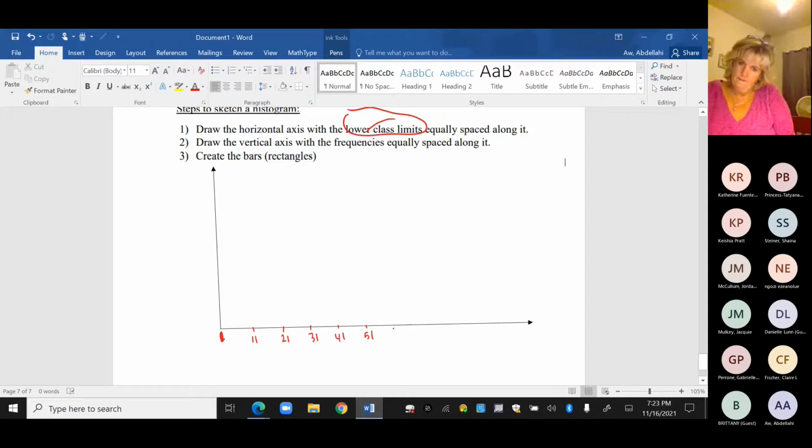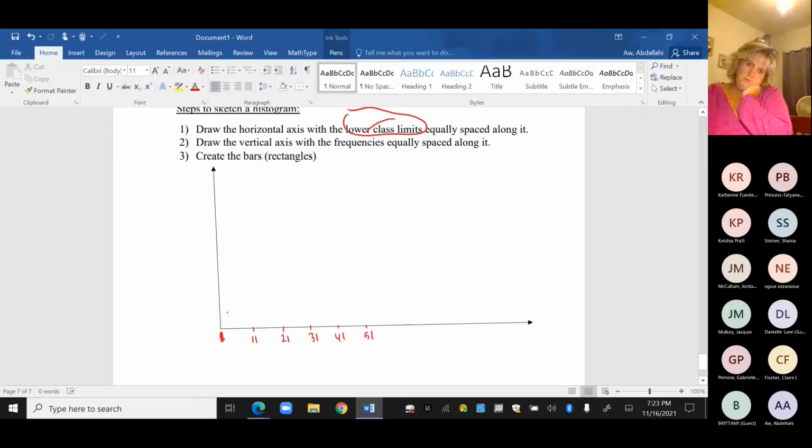These are the lower class limits. That is a representation that we chose for this histogram. Of course, there is a little discussion whether this is confusing, but this is the representation right here.